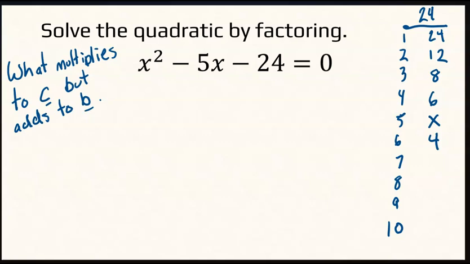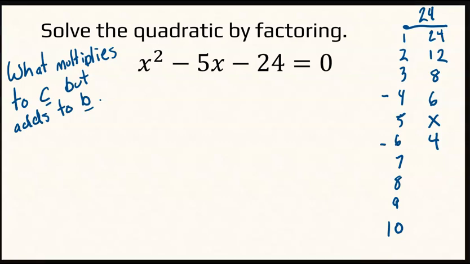Now, if you notice, here and here, I have found all the factors of 24 because the numbers have repeated. That's how I know I found all the factors. So, I very rarely actually have to go all the way down to 10.